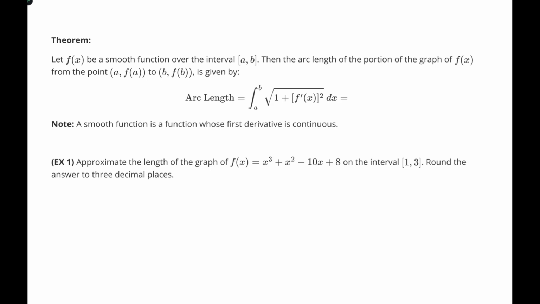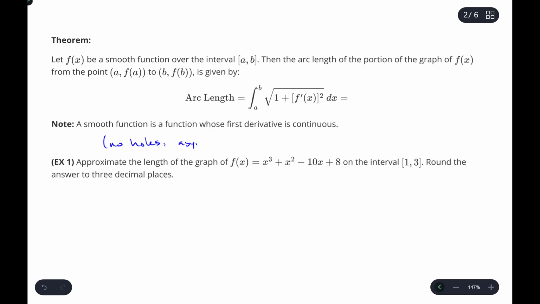So there are no holes in the graph, no asymptotes, or any sharp corners. Those would all be places where we could not take a derivative.